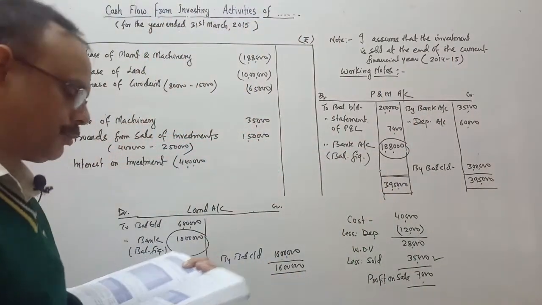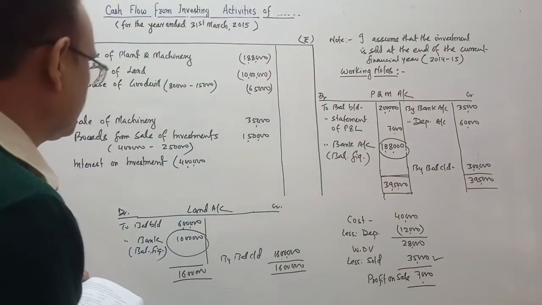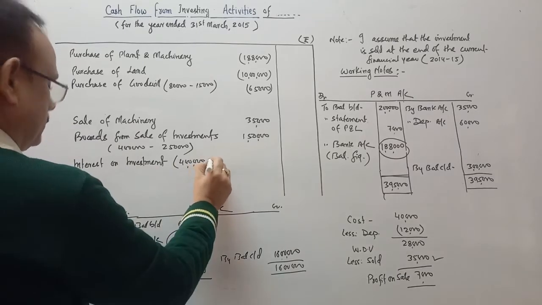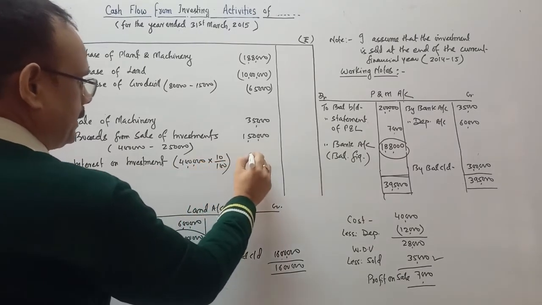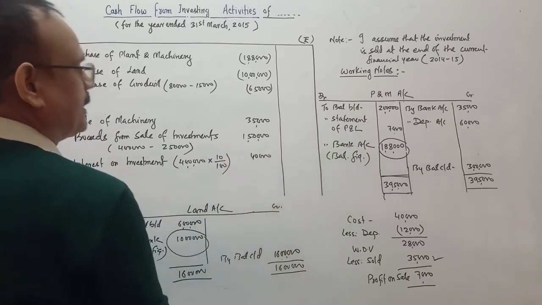Current financial year is 2014-15. So interest on investment is 10%, so 40,000 is the interest on investment.